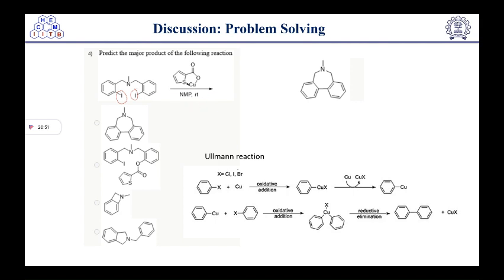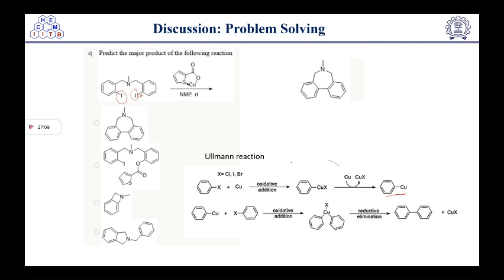We have discussed the Ullmann reaction conditions also. Oxidative addition will take place, so copper will get inserted into one of the iodides like this, and we'll get an intermediate like this.